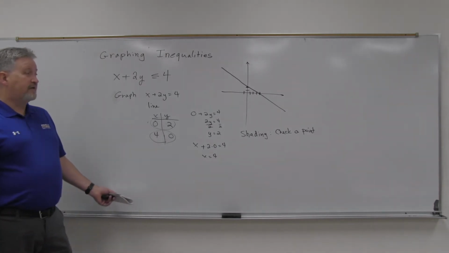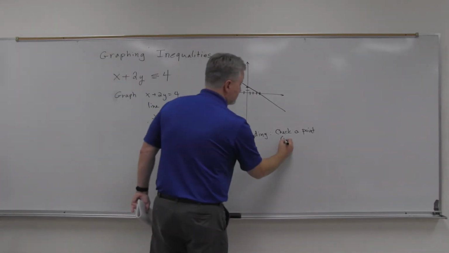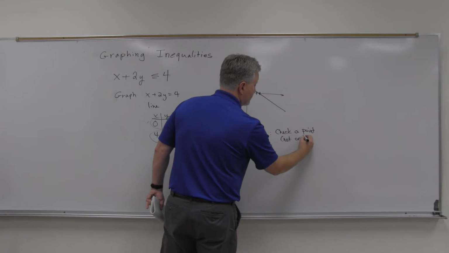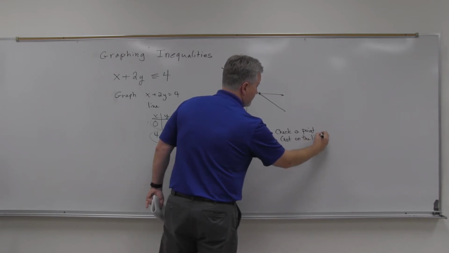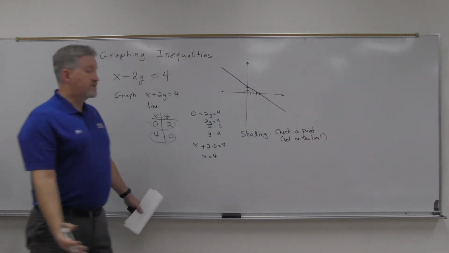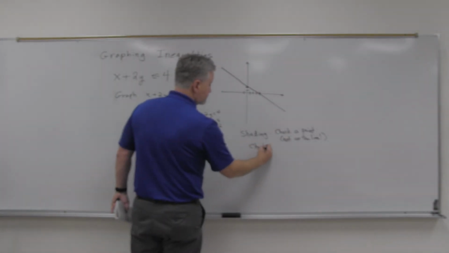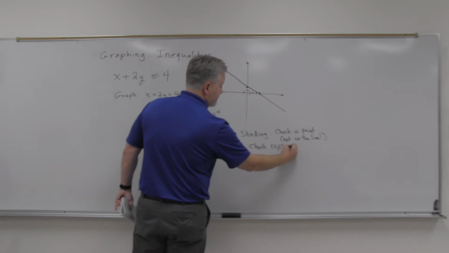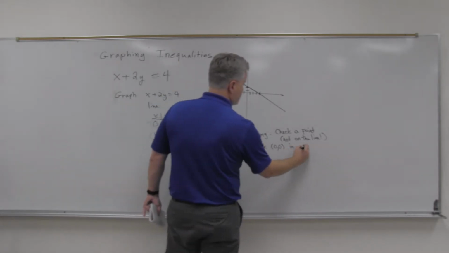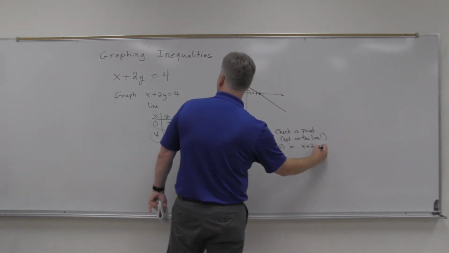Now, it can't be on the line. That's the only restriction, I guess. So 0, 0 is usually a good one to check. So we're going to check 0, 0 in the inequality and see if it works.